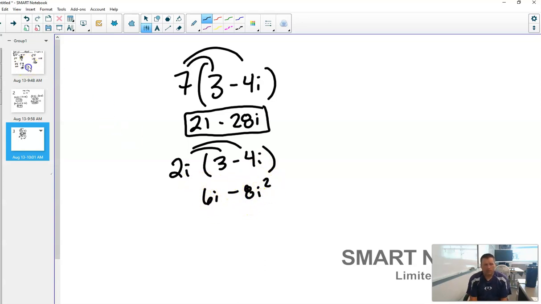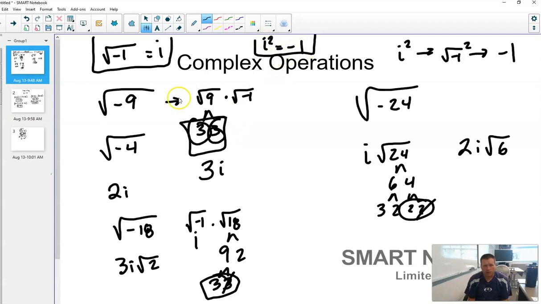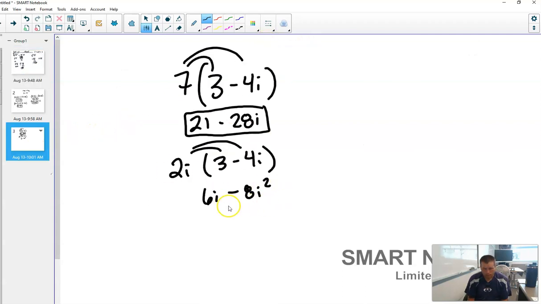This is where you've got to remember the rule that we talked about, i squared being negative 1. This is negative 8i squared, which is just negative 8 times negative 1, because i squared is really just negative 1. So negative 8 times negative 1 just gives you positive 8. So this will be a positive 8, and then I have my 6i.